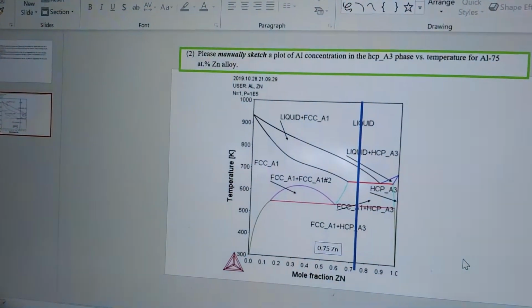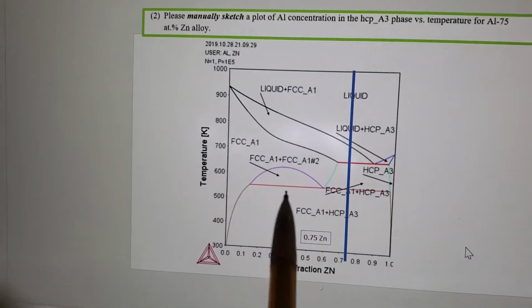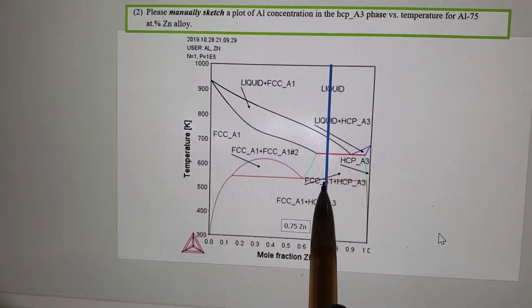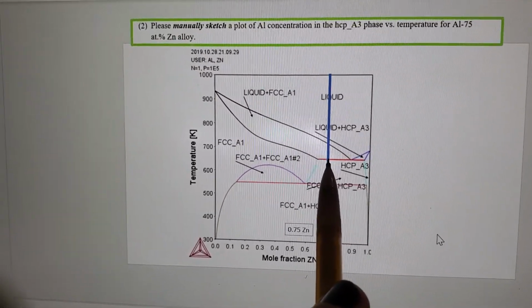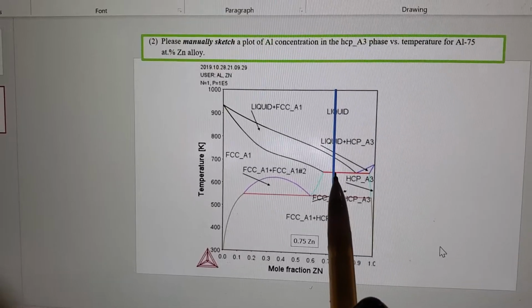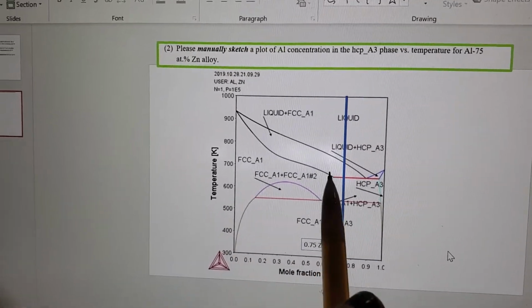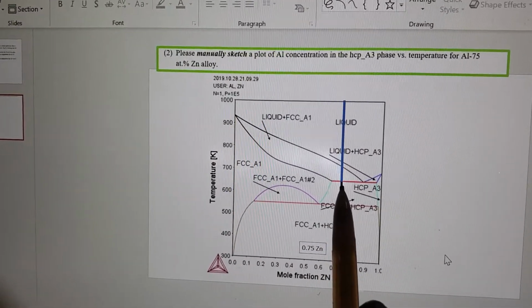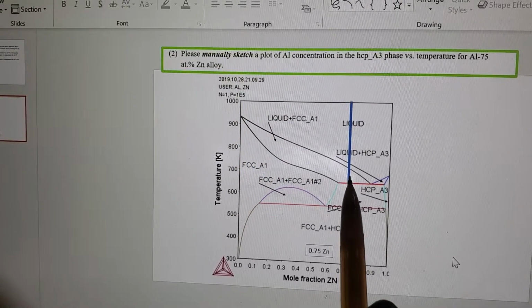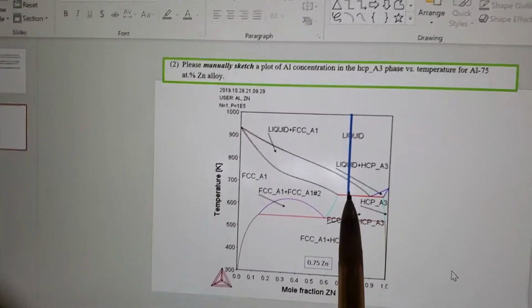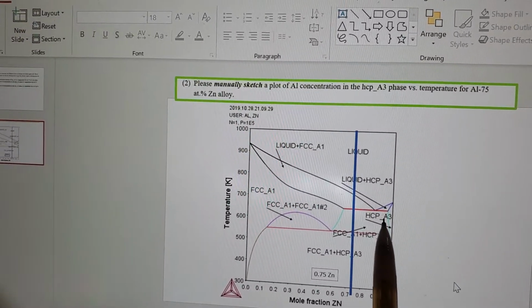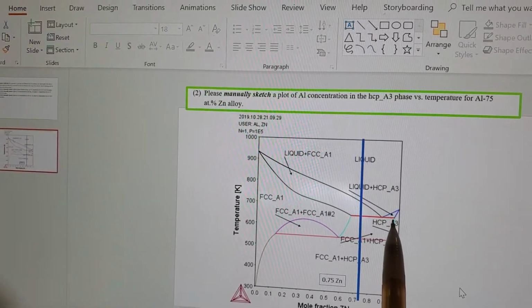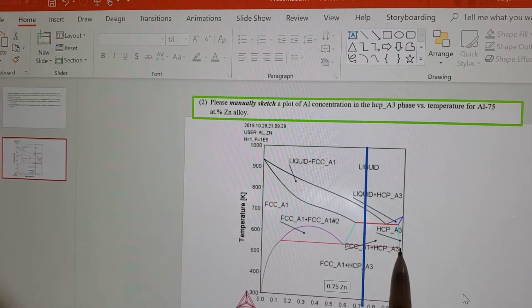All right, so let's look at the next horizontal line past 550. And in this region, up to this point, the temperature is 650. So we'll look at it from below 650 and above 650. Below 650, if you do your line to the right, where it intersects the HCP-A3, it's a little bit less than this value here.